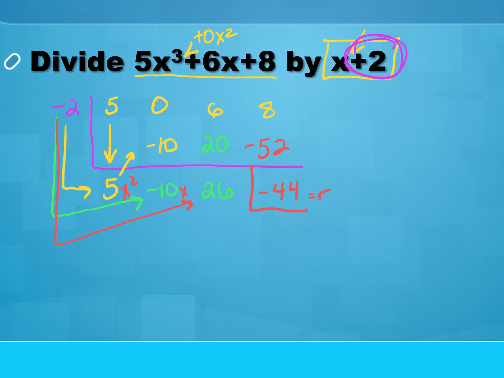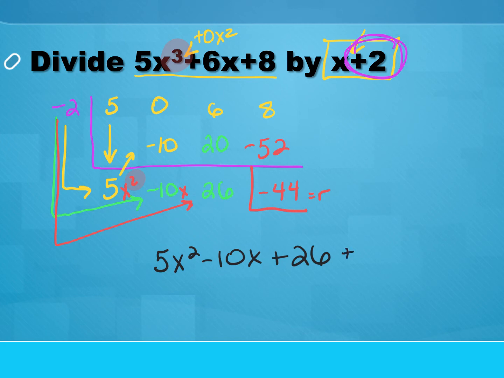The first exponent should always be 1 less than the exponent on the dividend. So 5x to the third was my dividend. My answer should be an x to the second, and it is. So my quotient is 5x squared minus 10x plus 26. And my remainder is -44.